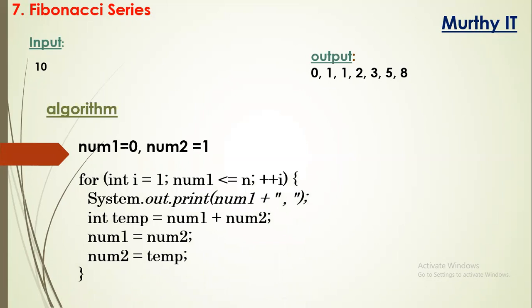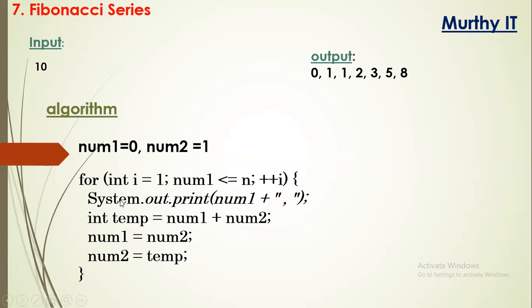Then we loop while number 1 is less than or equal to n, the given number. Instead of this, we could write any true condition, any boolean value, without compile time errors. Here I wrote number 1 less than or equal to n.